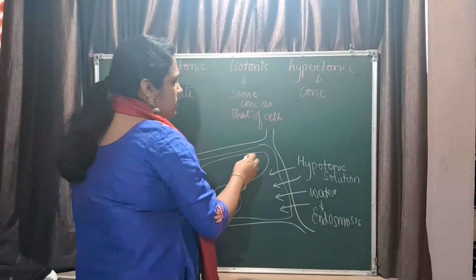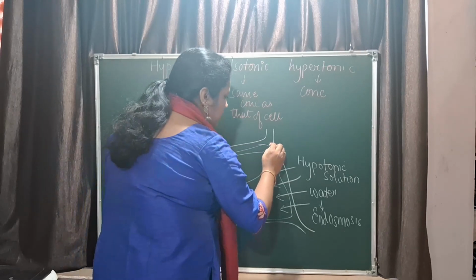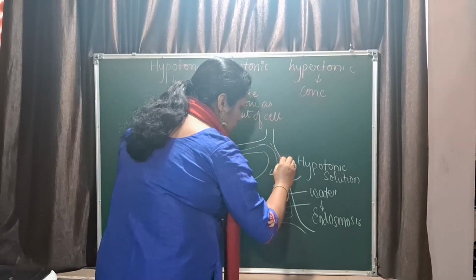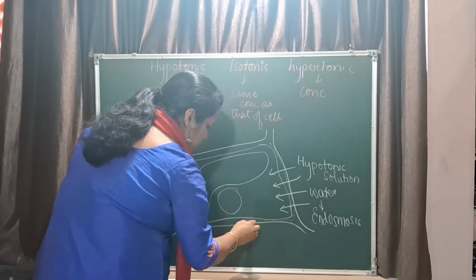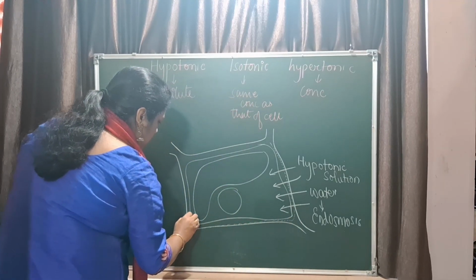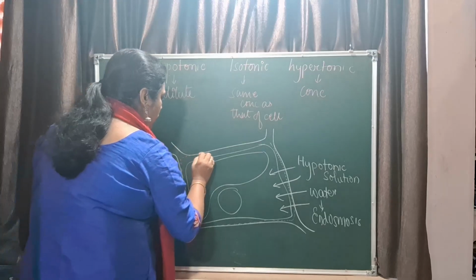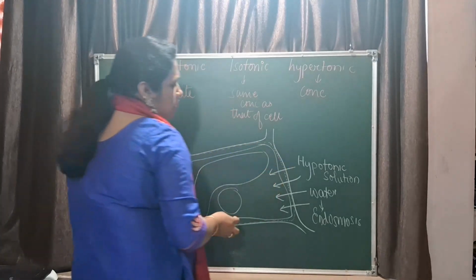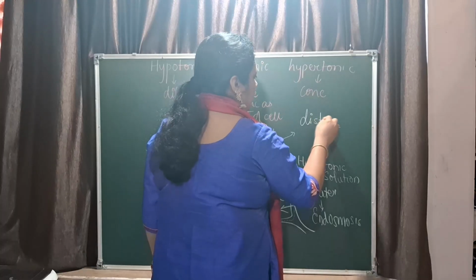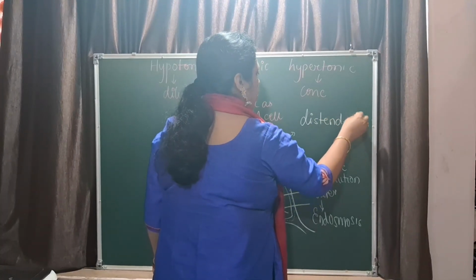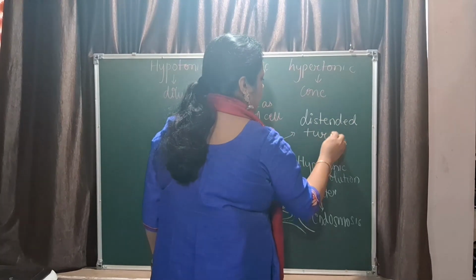The cell membrane will stick to the cell wall. The cell will become fully distended, or you can say turgid.